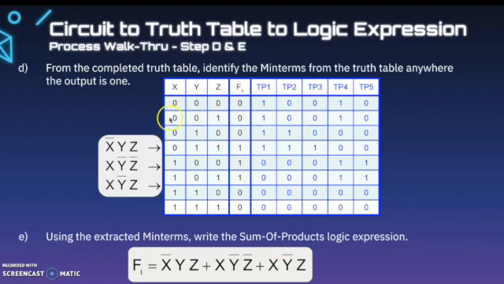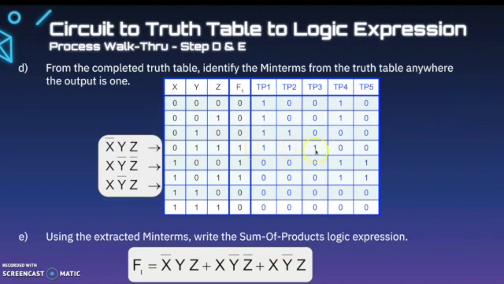So then we would continue: 0, 0, 1, 0. We would know it's 0 at first, but we'd have all of our test points and continue. Ultimately, what we're going to be looking for is where we get highs for function 1, which is where we are going to have our minterms come from.